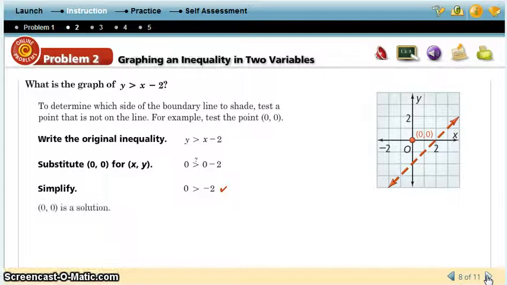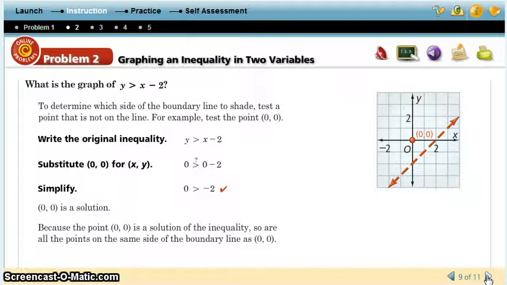The point 0, 0 is a solution. Because the point 0, 0 is a solution of the inequality, so are all the points on the same side of the boundary line as 0, 0. So shade the area above the boundary line.